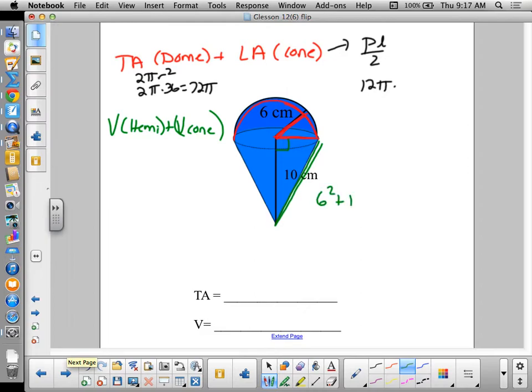So 6 squared plus 10 squared equals L squared. So it's 36 plus 100, or 136, is the slant height squared. The slant height is the square root of 136.